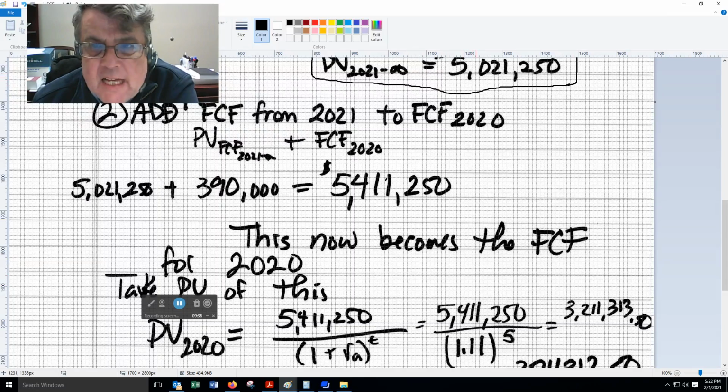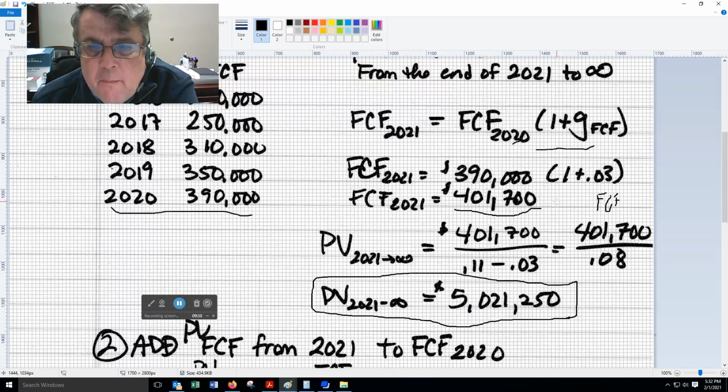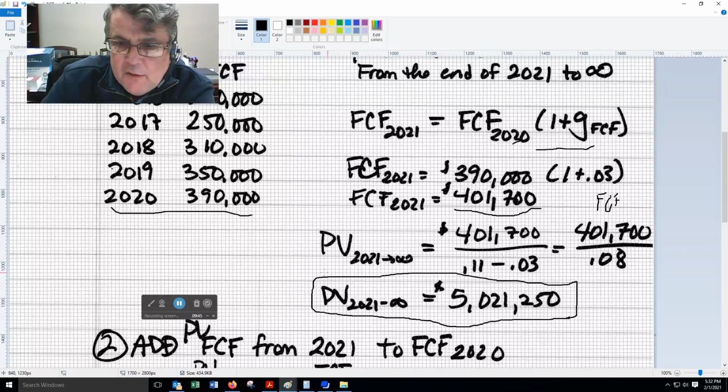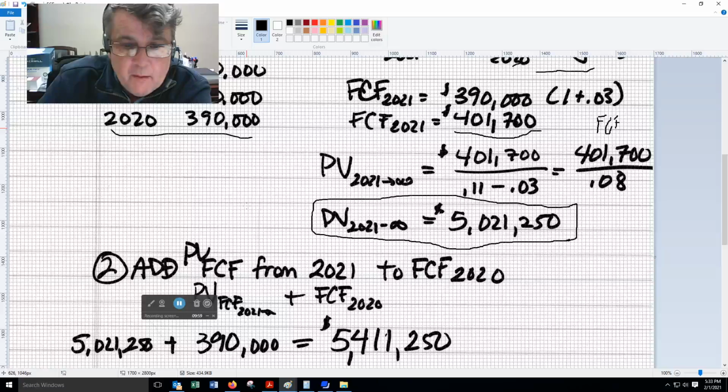So we add the cash flow we got from our calculation in step 1. That's the value of all of the free cash flows from 2021 on into infinity, and we use something similar to the constant growth model that we used earlier, and we add it to the free cash flow from 2020.